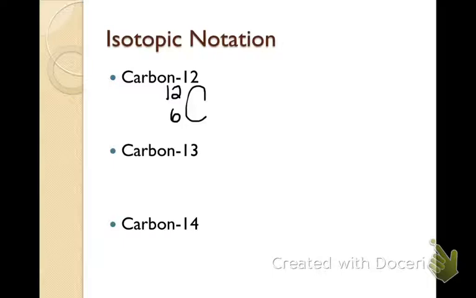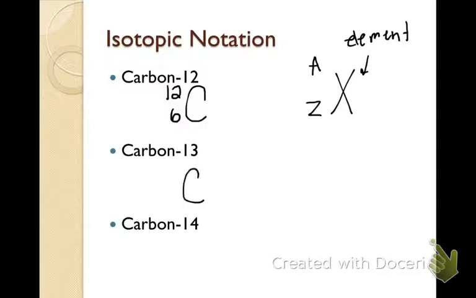So if we take a look, the symbol X represents the element X, and my pen is not going to write really well, sorry guys. And then at the top we have the mass number, and then at the bottom we have the number of protons. If we take a look at carbon-13, we can write it out as carbon, the mass number of 13 at the top left, and 6 protons down at the bottom left.